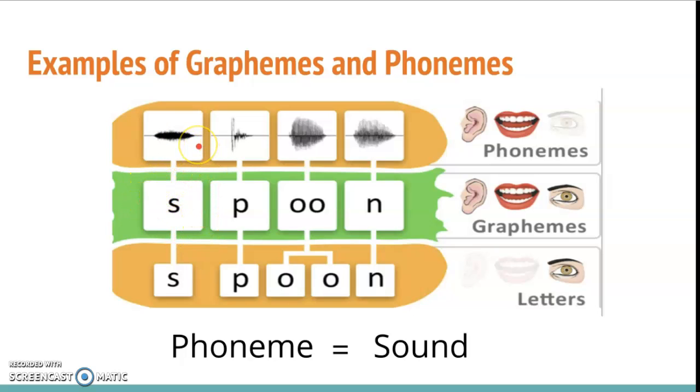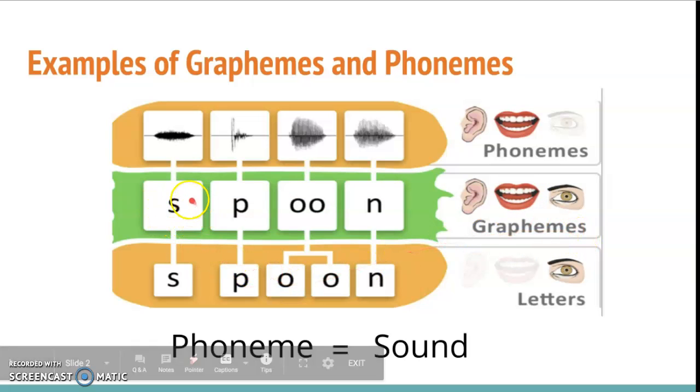So I say the word to myself, I count it on my fingers. Like in this example, I'd be like, okay, I heard 4 sounds. I'm going to draw 4 blank boxes, and then I'm going to write those sounds or the letters that correlate to those sounds, or graphemes. We're going to go over this in our next lesson.